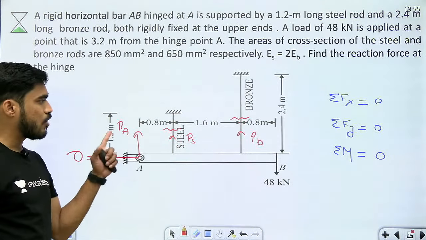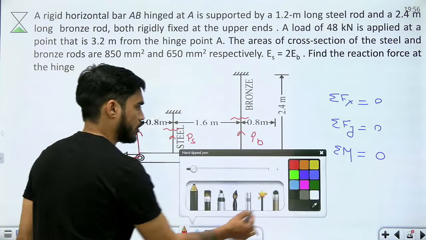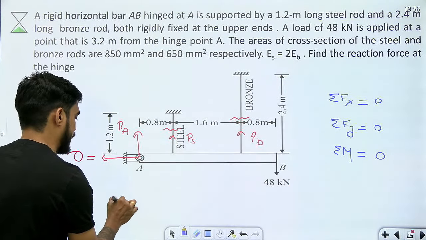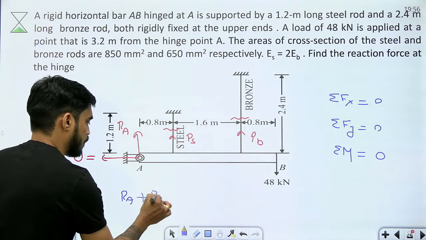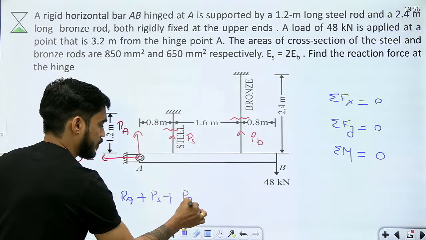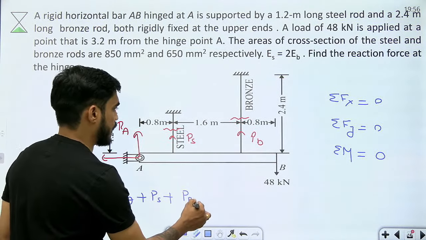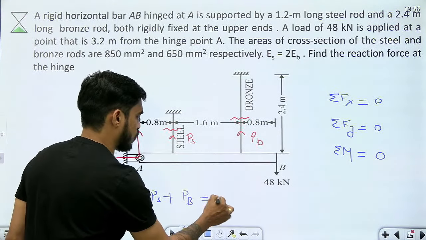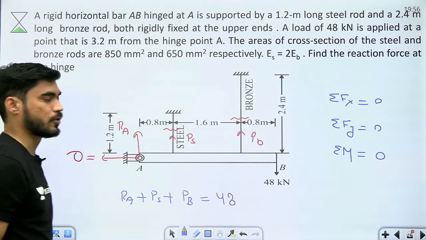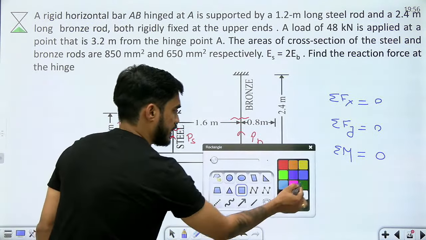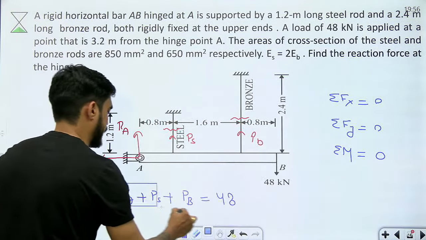Now from summation of Fy equal to 0, I will get Ra plus Ps plus Pb equal to 48 kilonewton, है ना? So this is the second equation.